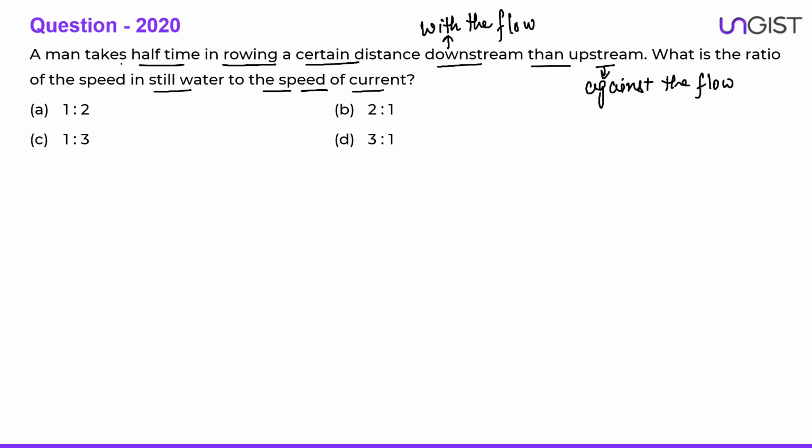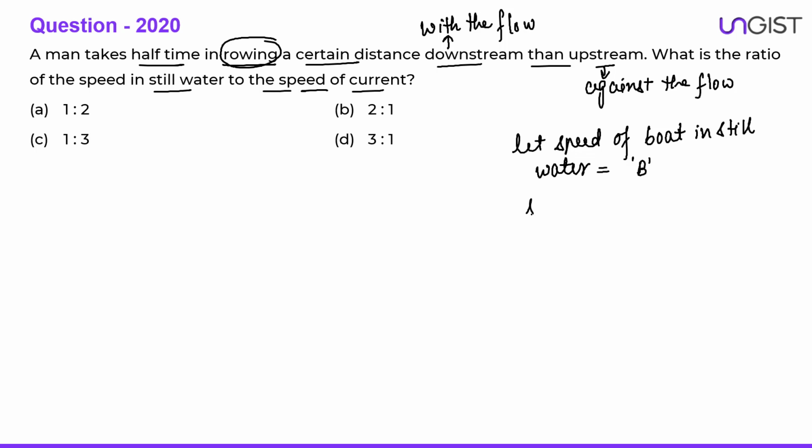The question is saying a man takes half the time in rowing a certain distance, so obviously a man is rowing a boat. Let the speed of the boat in still water be B, and the speed of the current, the water current, be S, because S is a stream.